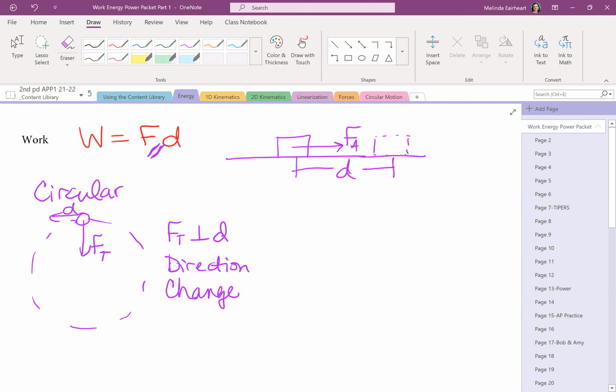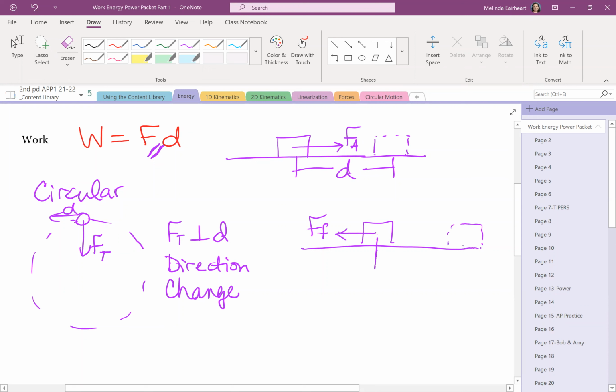Well, let's compare. What if I've got a frictional force, but same situation, the box moves to the right? Is work done in that example? Yes. Are these the same kind of works?